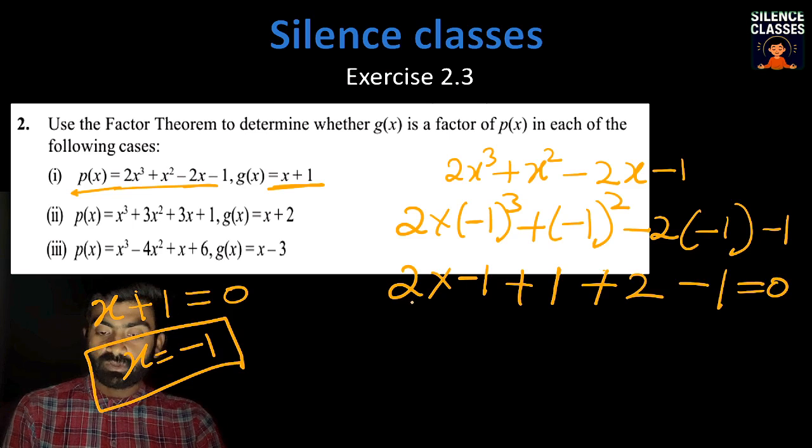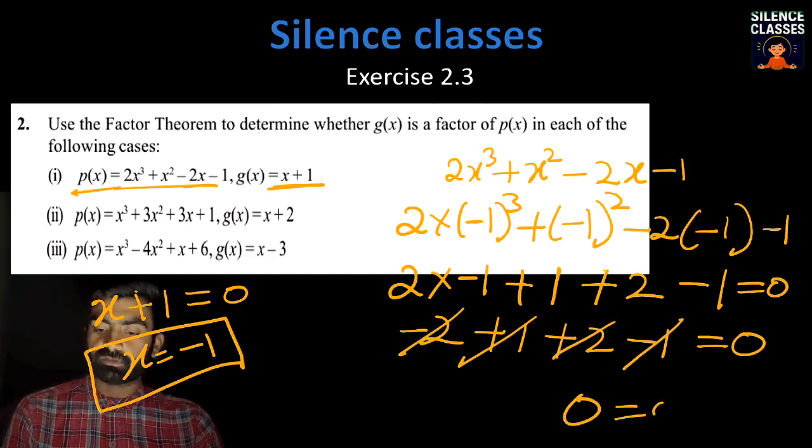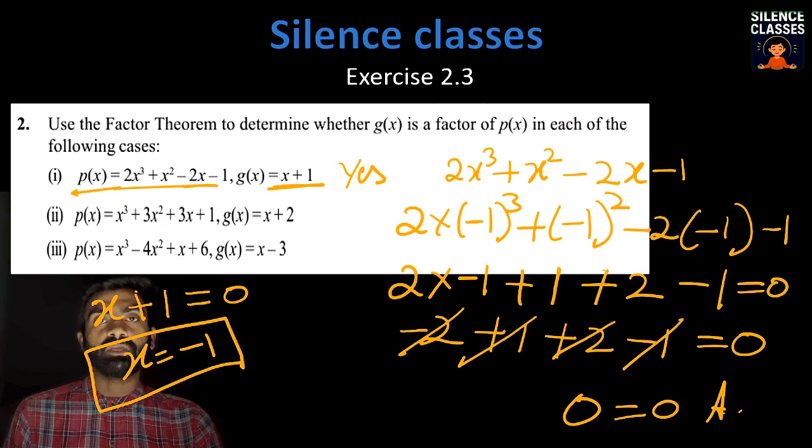Let's check it out. So we will get minus 2 plus 1 plus 2 minus 1 is equal to 0. We can cancel this out, so we will get 0 is equal to 0. So we can say yes, x + 1 is a factor of the given polynomial.